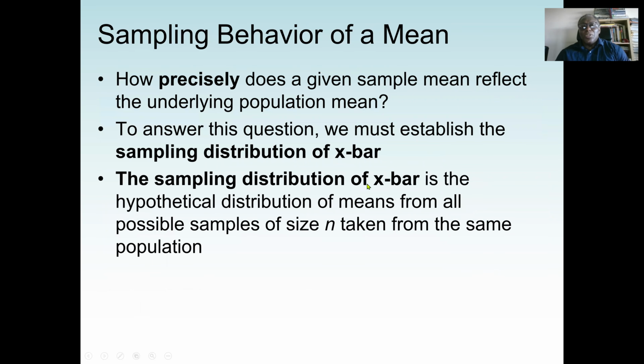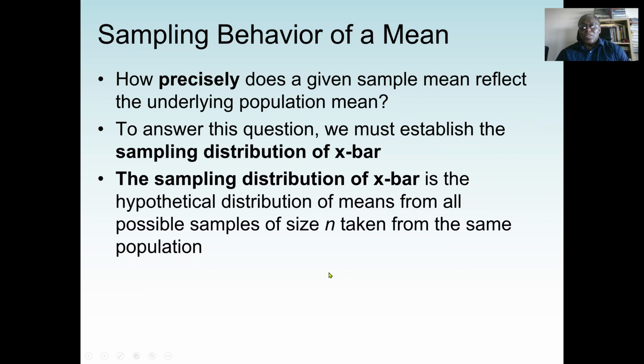So we ask, how precisely does a given sample mean reflect the underlying population mean? In order for us to answer this question, we must establish the sampling distribution of X bar. The sampling distribution of X bar is the hypothetical distribution of means from all possible samples of size n taken from the same population.